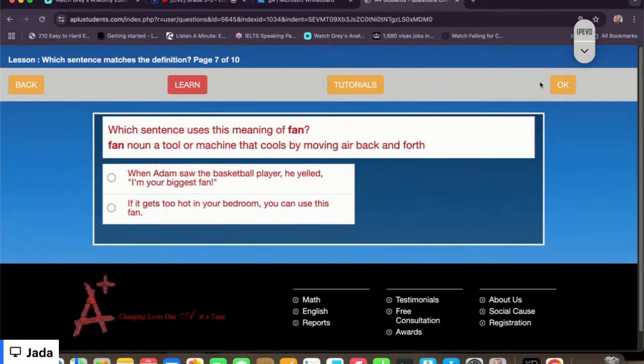So fan, now, a tool or machine that cools by moving air back and forth. Is it first or second?